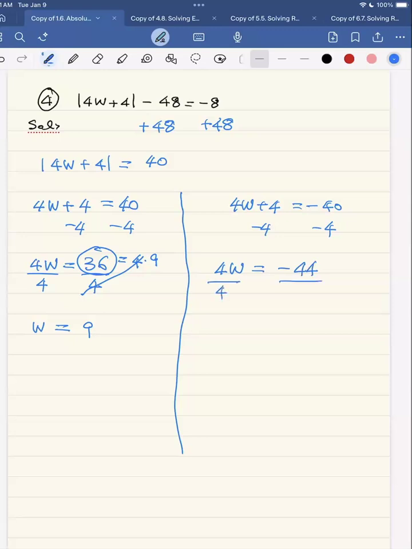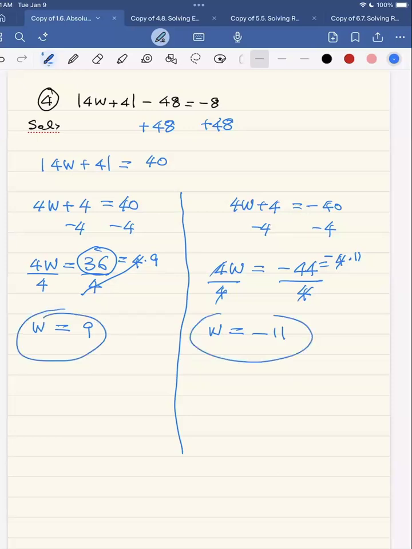We divide by 4 on both sides. Then the numerator is negative 4 times 11. This 4 and 4 cancel each other. So the left side is w and the right side is negative 11. So we have two solutions, 9 and negative 11.